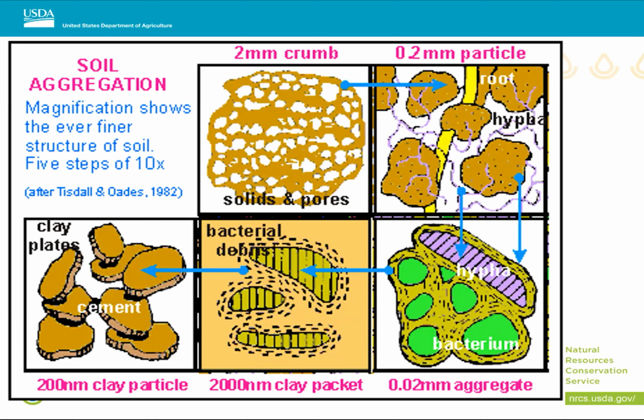And all of that material gets kind of cemented into those aggregates. And then those aggregates start to form around the roots and eventually form what are about 2 millimeter crumbs. And a 2 millimeter crumb is about the thickness of a nickel. You want to think about that. So we're dealing with some things that are fairly small.